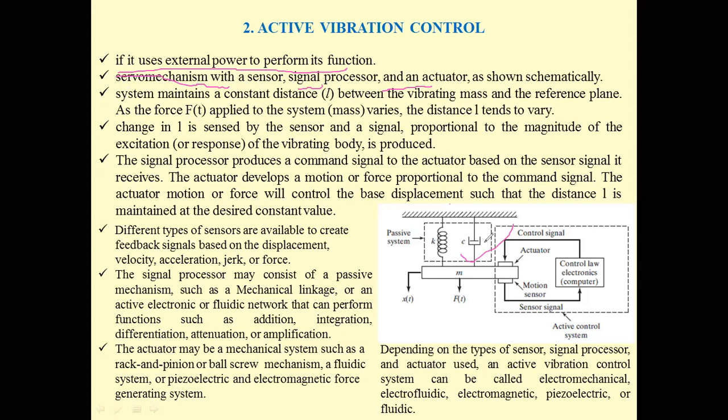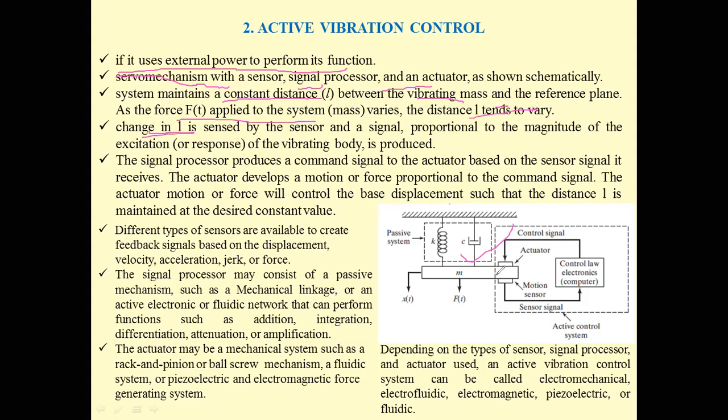In this active vibration isolation system, it maintains a constant distance L between the vibrating mass and the reference plane. As the force F of t applied to the mass varies, the distance L also tends to vary, so there is a change in length.